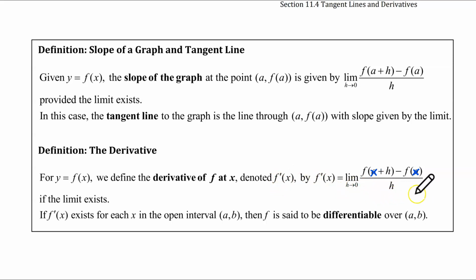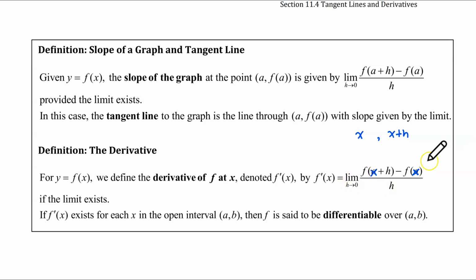This formula is just the slope of the secant line from point x to any point x plus h. So the second point is h distance away from x. And you take the limit of that slope of the secant line as h approaches 0.